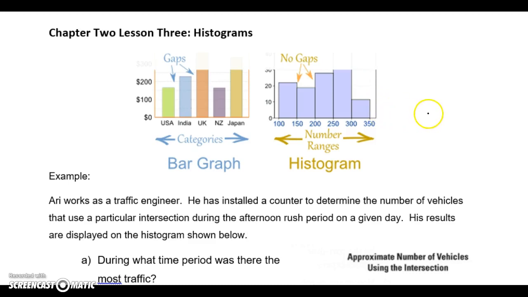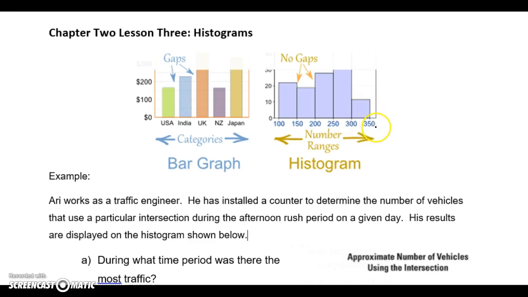The other major difference is that bar graphs usually deal with categories. Remember we talked about that discrete value in our previous video, whereas with histograms it's usually a range of numbers. Looking at this histogram here, the ranges would be 100 to 150, then 150 to 200, 200 to 250, 250 to 300, and 300 to 350.